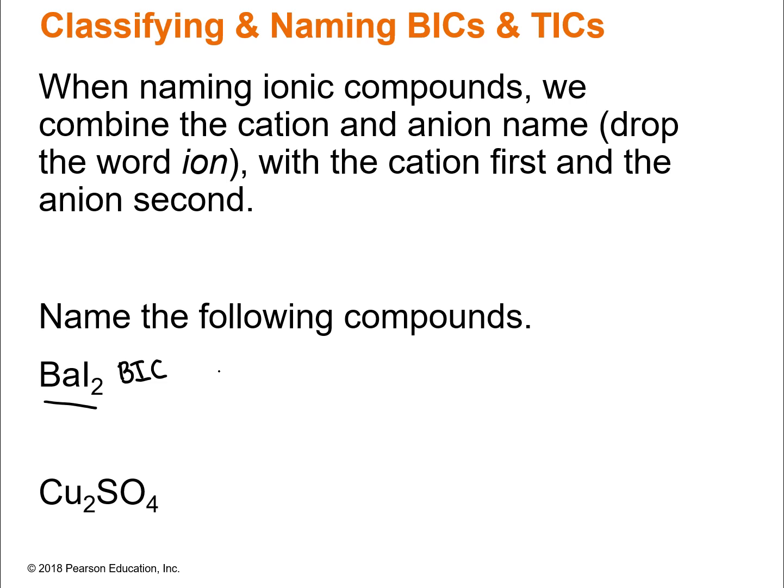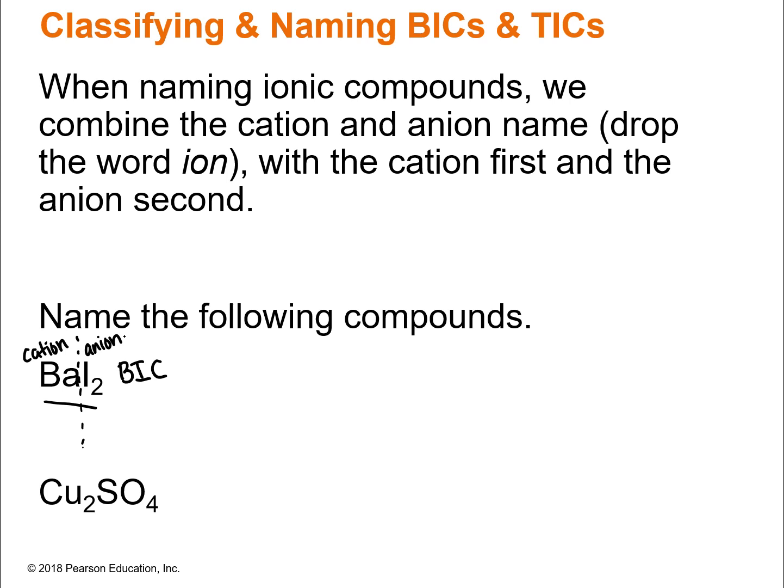If I were to just name these ions, I would say, okay, this is my cation, this is my anion. The cation always comes first. When you're looking at a formula or a name for an ionic compound, the cation always comes first.